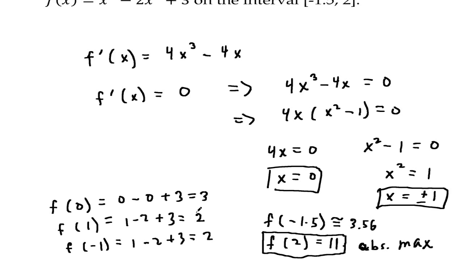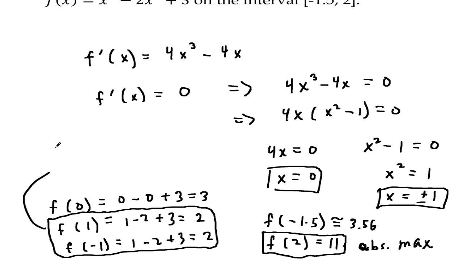The smallest number is 2 here, and it occurs twice, once at 1 and another time at -1. So these are absolute minimums.